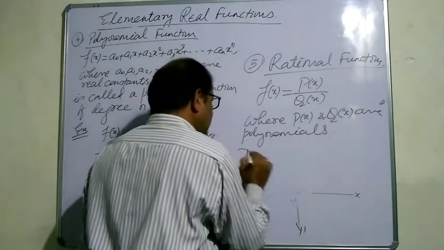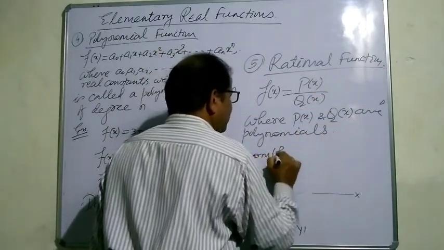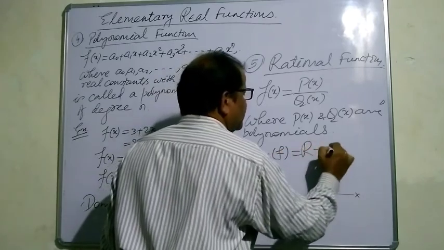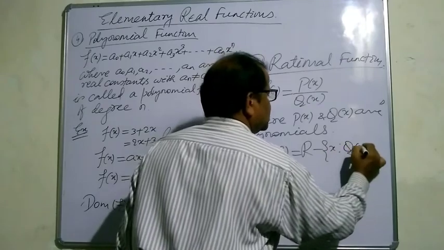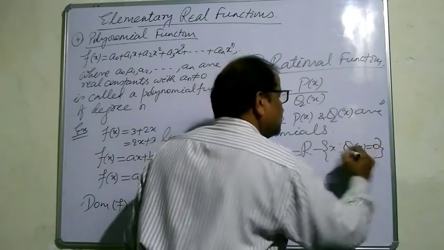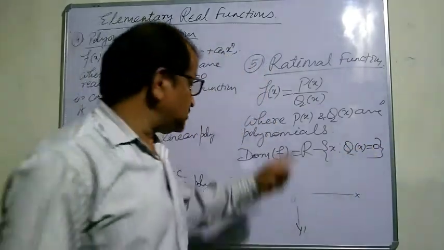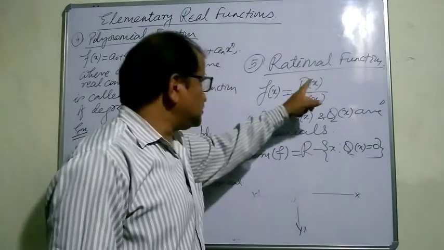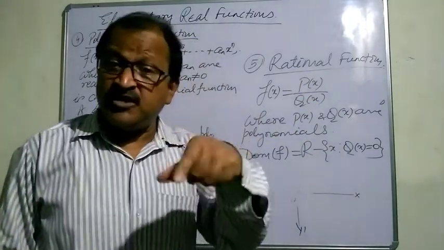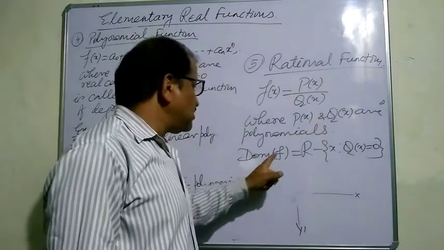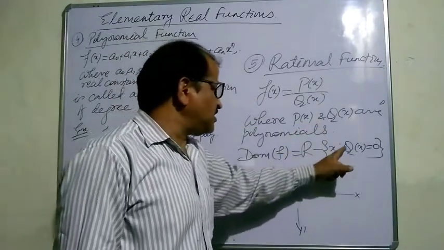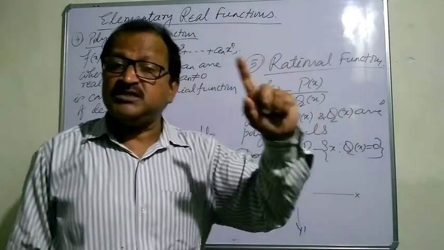So here the domain of f is equal to R minus the set of x where q(x) is 0. This will be the domain, because if the denominator q(x) is 0, then f(x) is not defined.